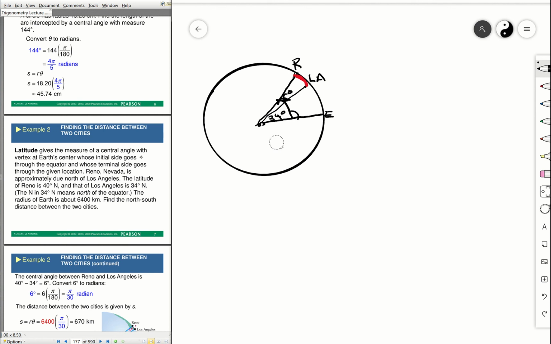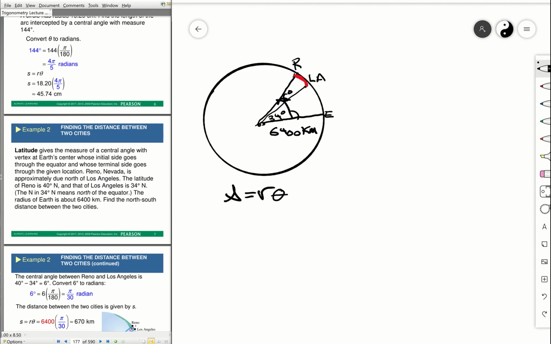Let me go ahead and erase this so I can write that. The radius of the sphere is 6,400 kilometers. So it's just an arc length problem, basically. So we get S equals R theta. You know the drill, so you should go ahead and pause at this point, try to figure out the rest on your own, then come back to the video.